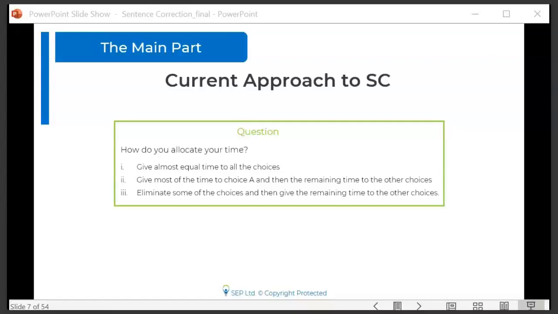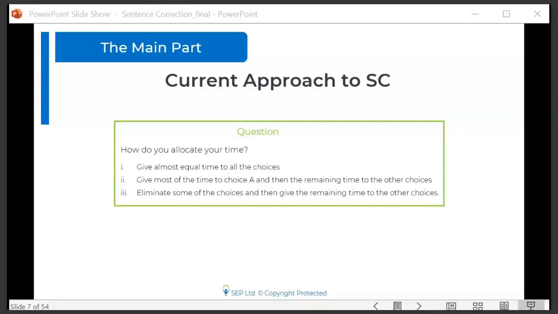Another 10% of you give maximum time to choice A, and then divide your time among the other choices. Now, 80% of you eliminate some of the choices, and then give the remaining time to the other choices.